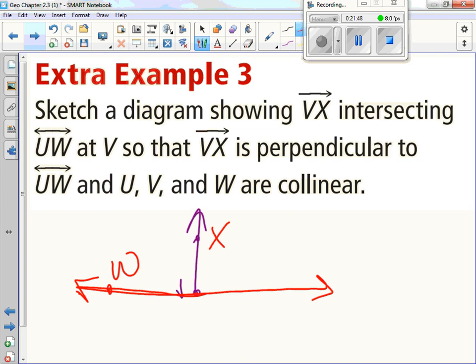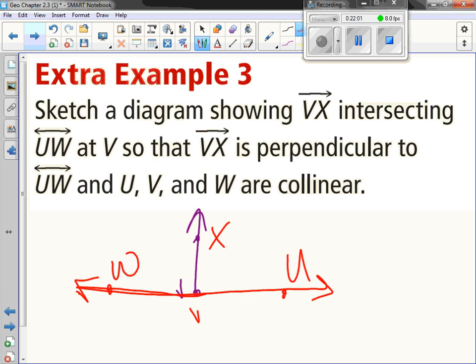U, UW. This here? Yeah, it's still V. So ray VX is perpendicular to UW, and U, V, and W are collinear.